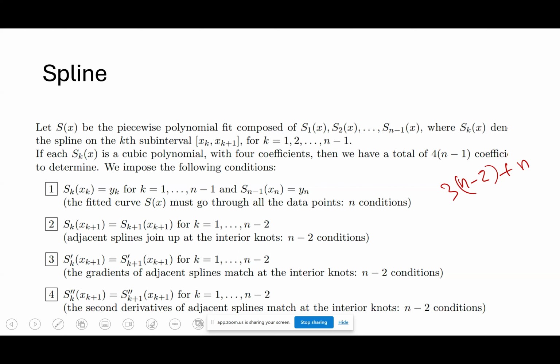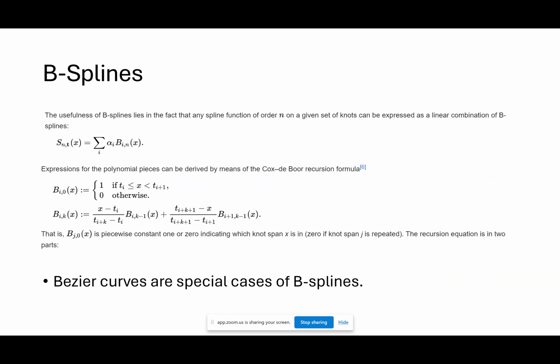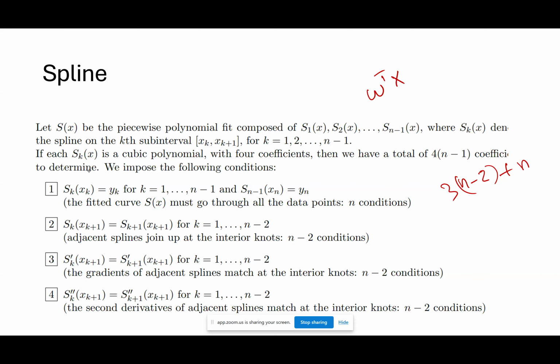That is why it cannot be represented as a linear transform like W transpose X. So our intermediate computation works this way, which is why it takes more time to compute and learn. So you are saying each spline has to be built separately for each variable, and therefore you cannot do matrix multiplication.